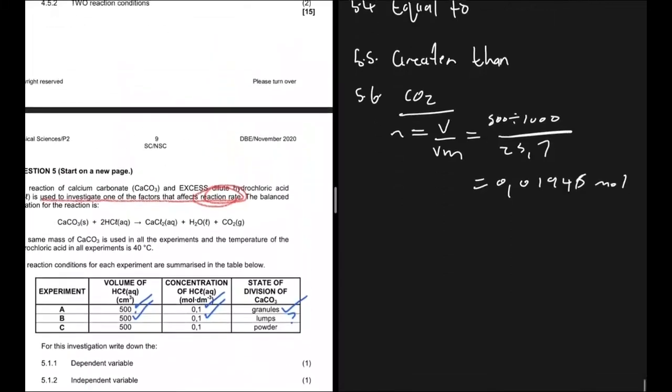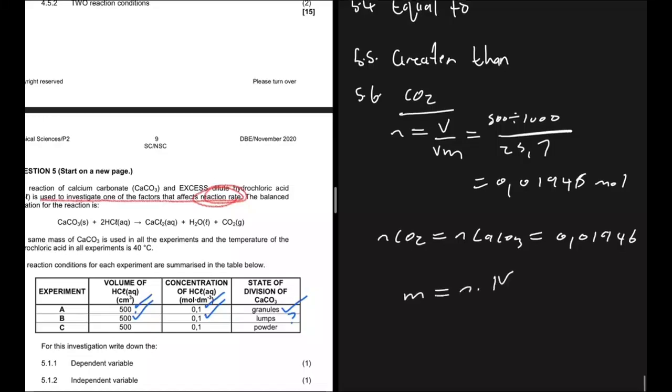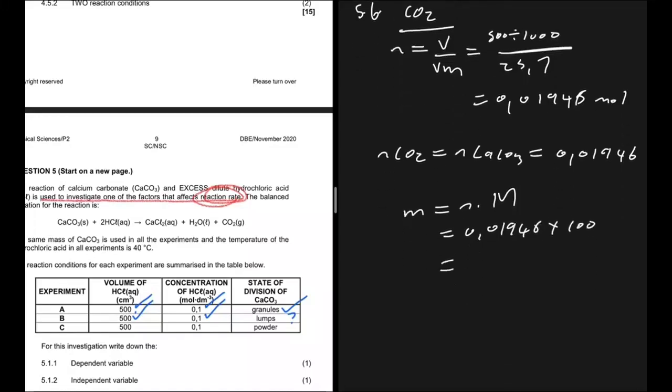So now we can see that the number of moles of CO2 will be equal to the number of moles of calcium carbonate, right? Because the balancing coefficients are the same. So this will be 0.01946. So the mass will be the number of moles multiplied by the molar mass. So we have 0.01946 multiplied by 100. This will give you 1.946 grams.